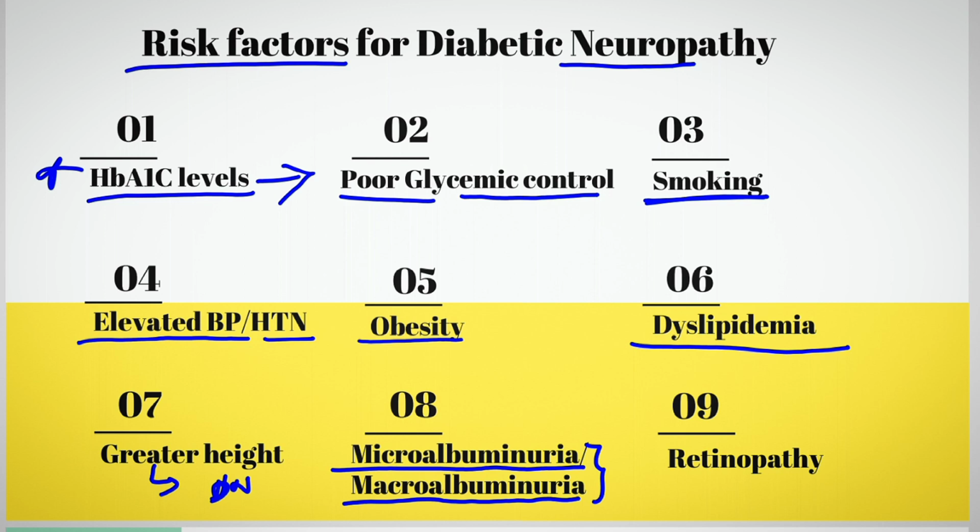As we know, diabetic nephropathy and diabetic retinopathy are also microvascular complications of diabetes, so if any person has already developed such a microvascular complication, the chances of development of neuropathy will also be increased.